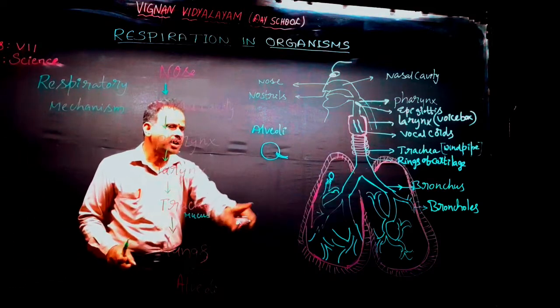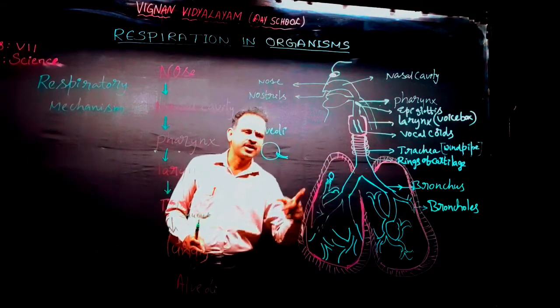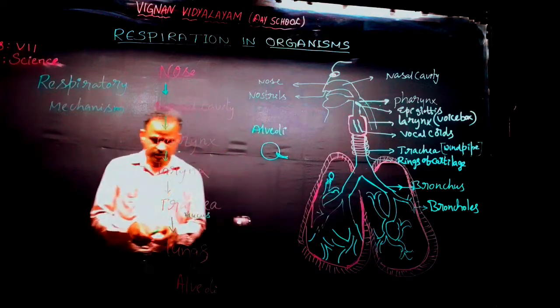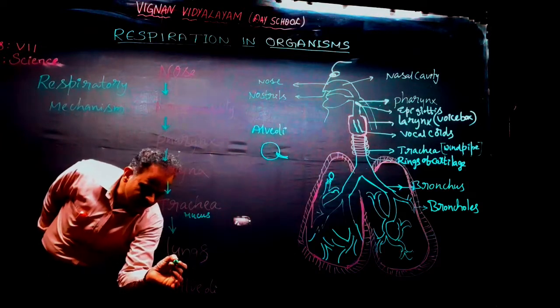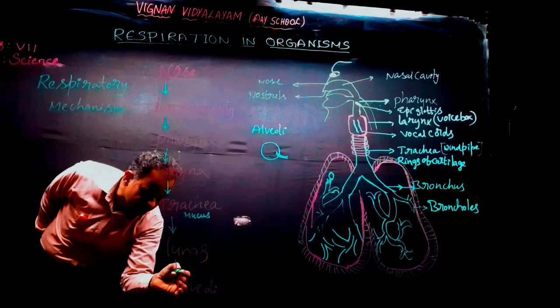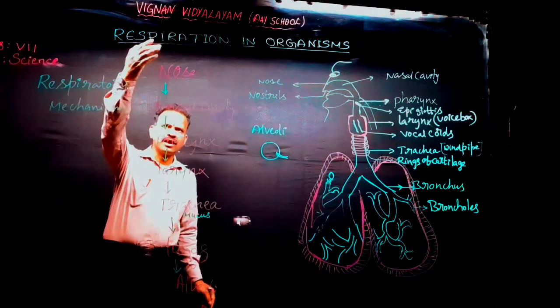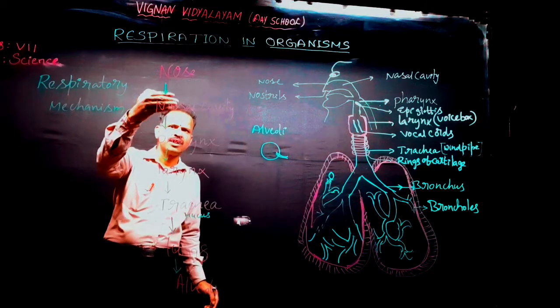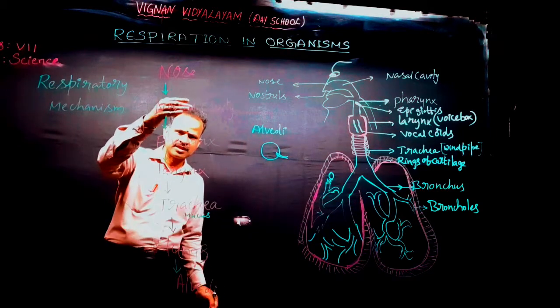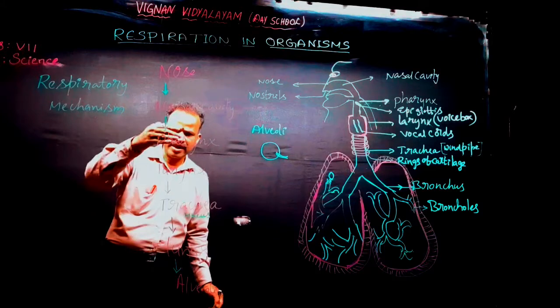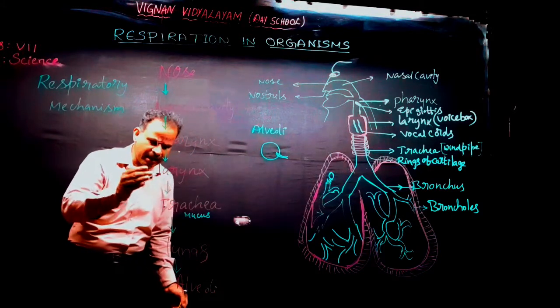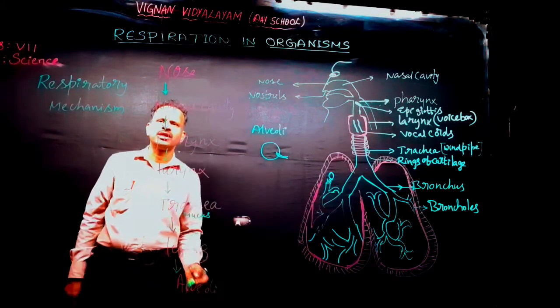These alveoli are present on the walls of the lungs. So the air from the lungs enters into the alveoli. Children, here the air from the atmosphere enters into the nose, nasal cavity, pharynx, larynx, trachea, lungs and alveoli.